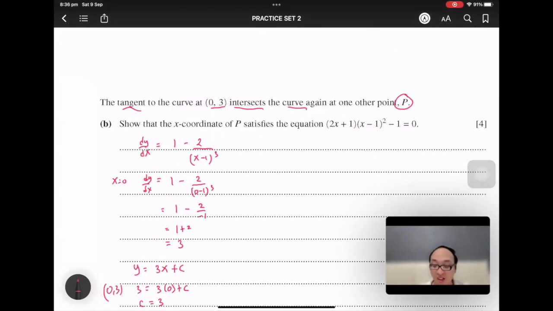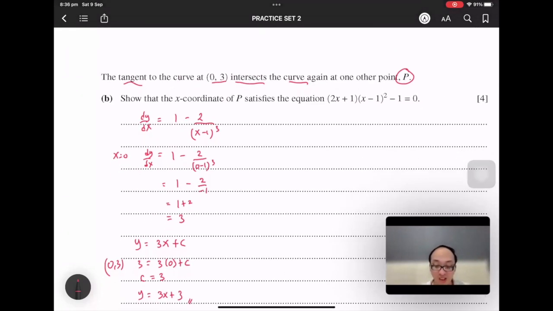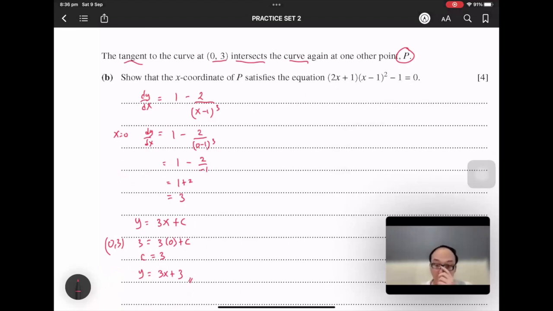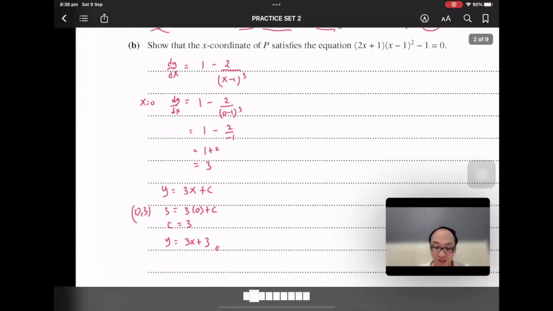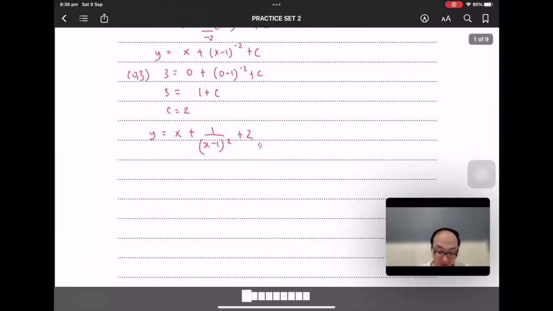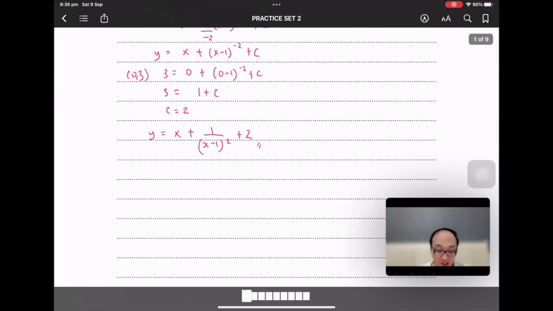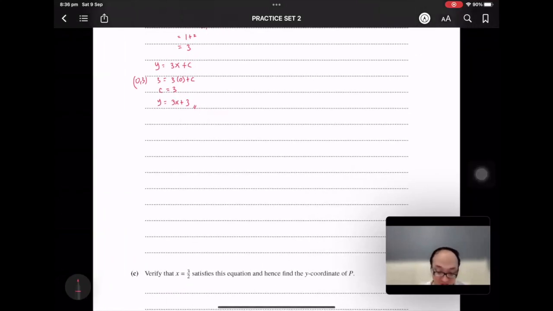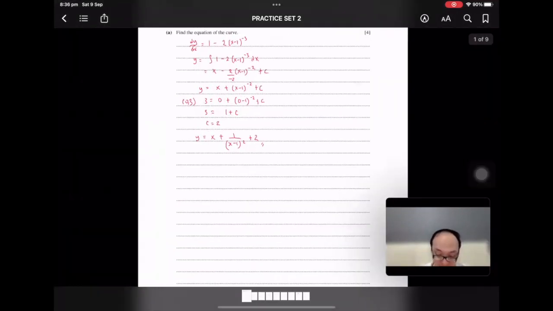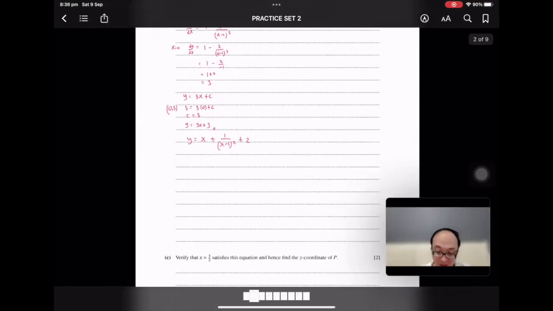And then to find the intersection point, we have to equate it with the equation of the curve. The equation of the curve is y = x + 1/(x - 1)^2 + 2. Yes, correct, plus 2.